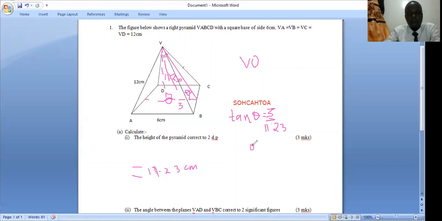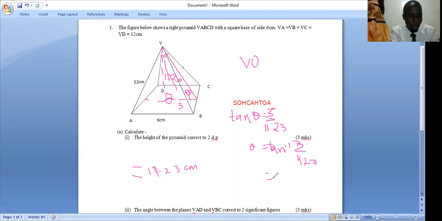Therefore, theta will be equivalent to tan inverse of 3 divided by 11.23. You press that using your own calculator.